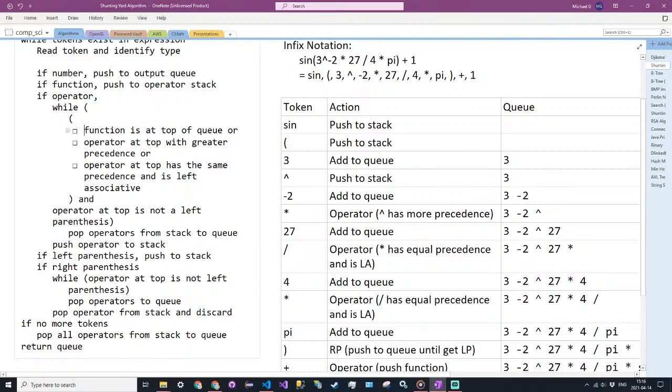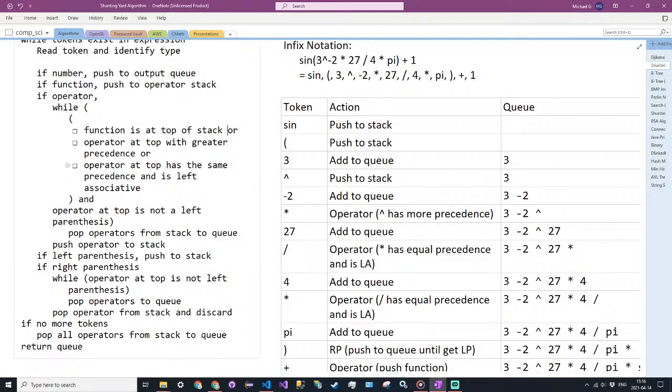So there's a function that cannot be an operator at the top of the queue, or there is an operator at the top of the queue, or at the top of the stack. This is actually stack. Yeah, so the function is at the top of the stack, or an operator is at the top of the stack with greater precedence, or the operator at the top has the same precedence and is left associative. So left associative essentially just means that the associative law applies to that.